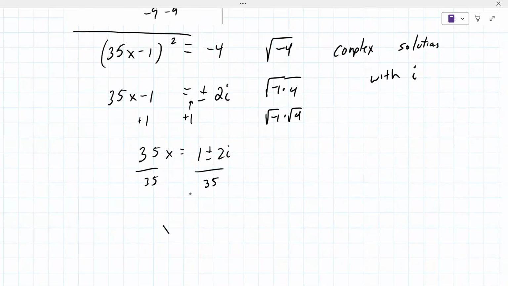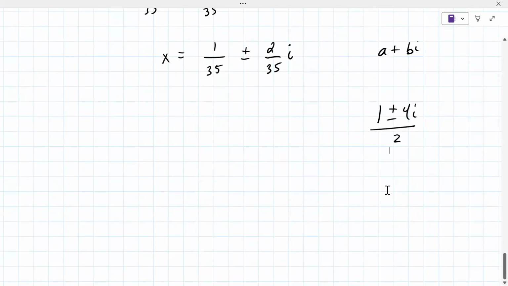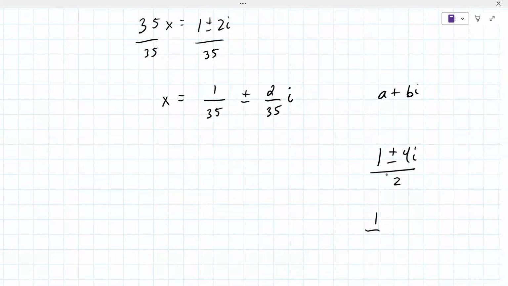And then sometimes what happens is they want you to write your answer in this form, a plus bi. There was a question in class where somebody asked, if it's like, for example, 1 plus or minus 4i over 2, then you would have to simplify that into 1 over 2, plus or minus 2i.